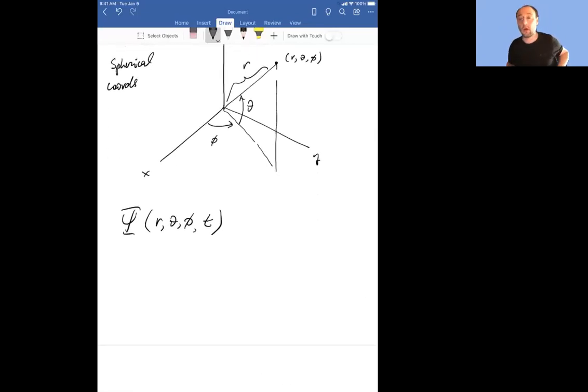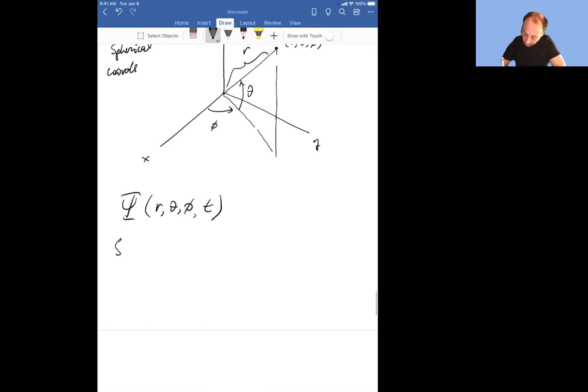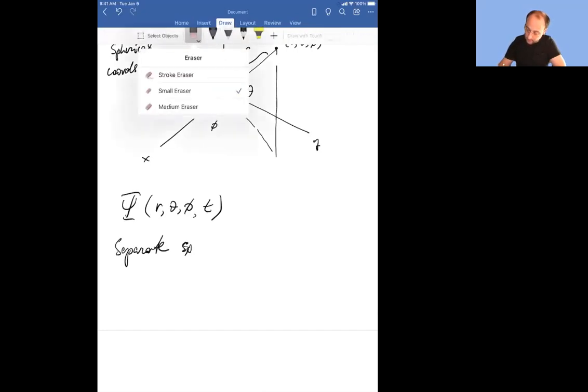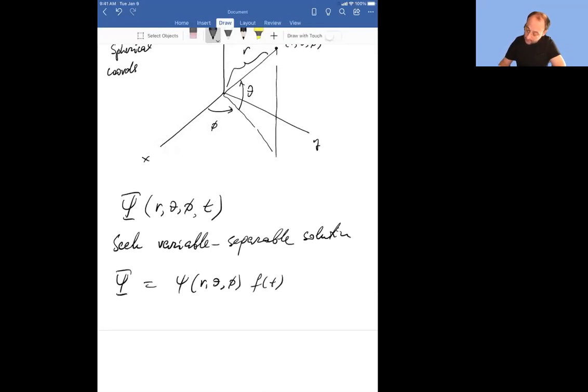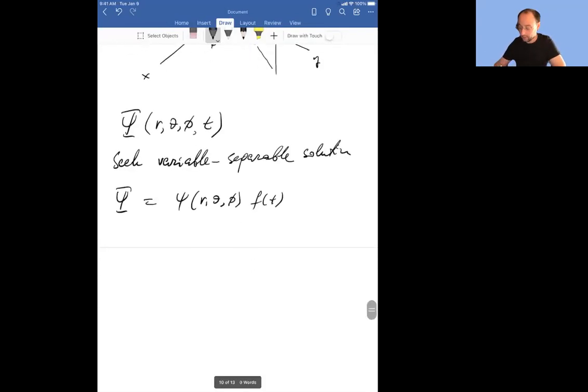As usual, we separate variables. We're going to seek a variable separable solution. That psi is a lowercase psi, a function of spatial coordinates, and the other is a function of time.